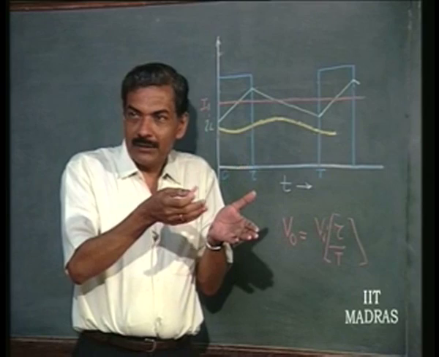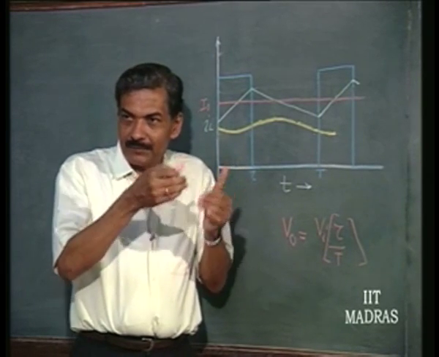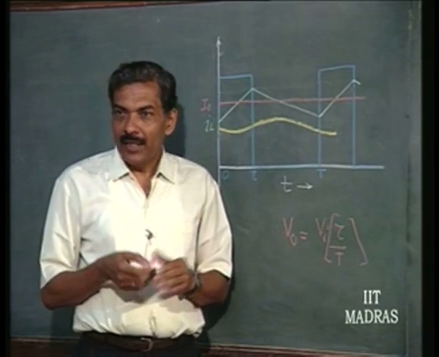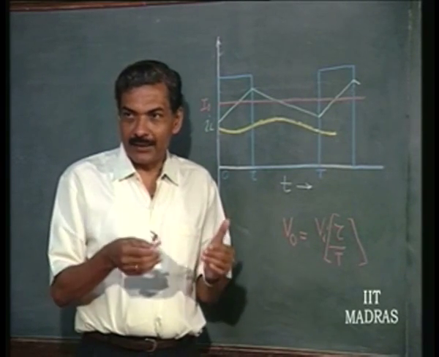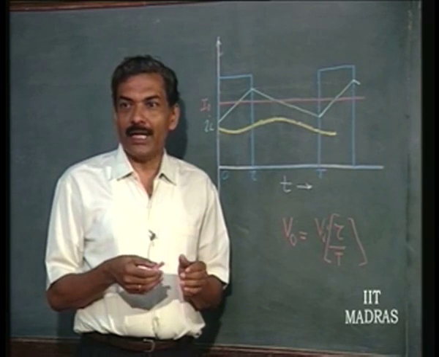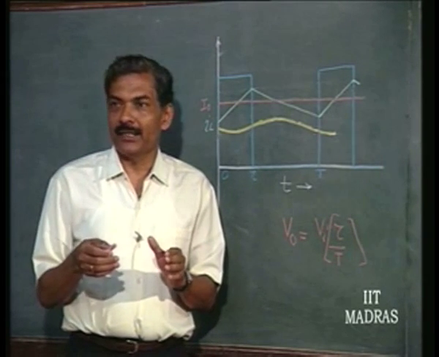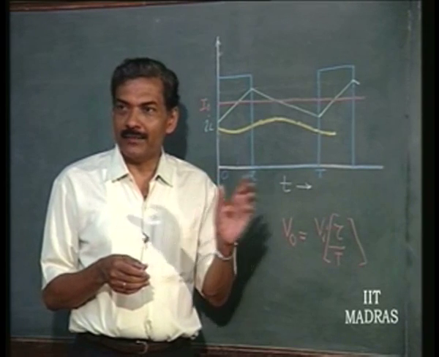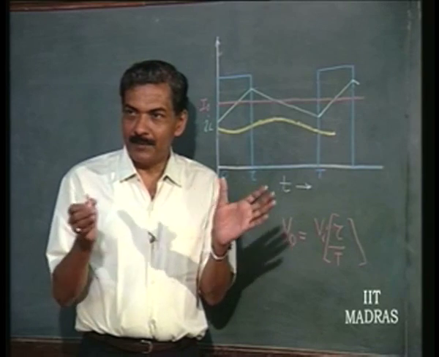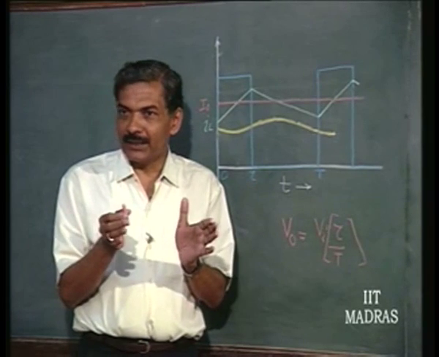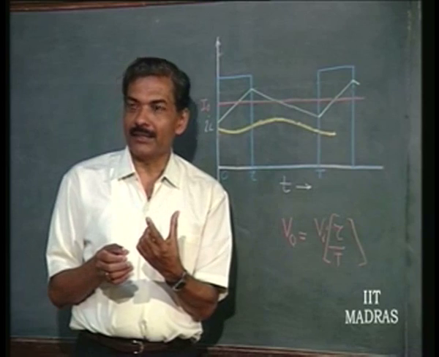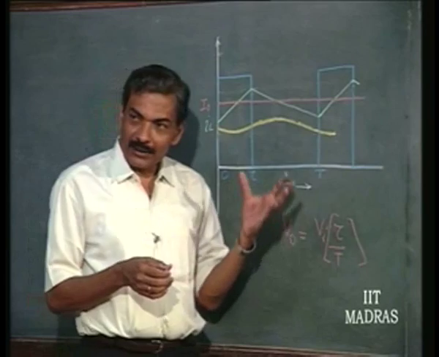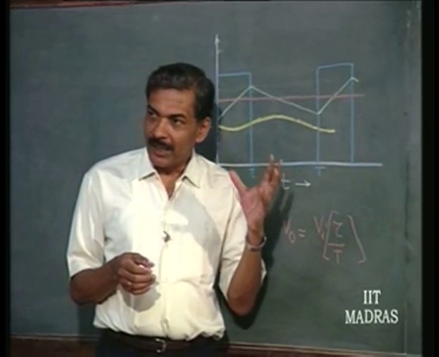I will take R1 by R1 plus R2 of V naught, compare it with V reference, and that was fed earlier to a comparator, which was actually acting as an amplifier to control the base current of the pass transistor, so that the pass transistor voltage drop is getting adjusted depending upon the error here. So, the pass transistor was working at that time in the active region.